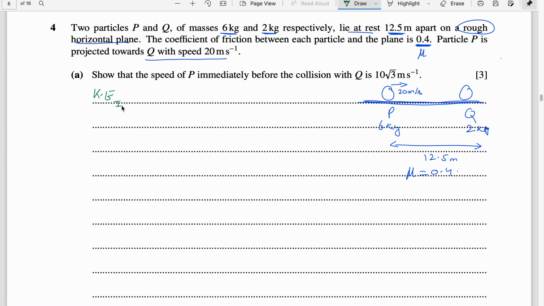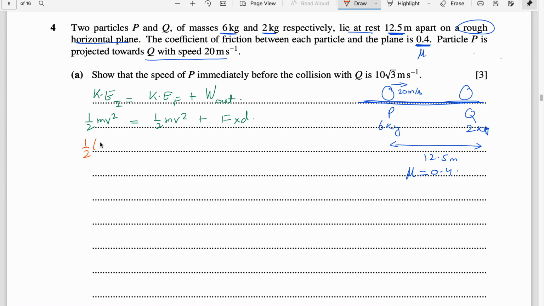So kinetic energy initial is equal to kinetic energy final, which will be before it hits Q, plus the work done against friction. So initial kinetic energy is half mv squared, final kinetic energy is half mv squared, and work done is force into distance. Now we just fill them up and solve for the unknowns.